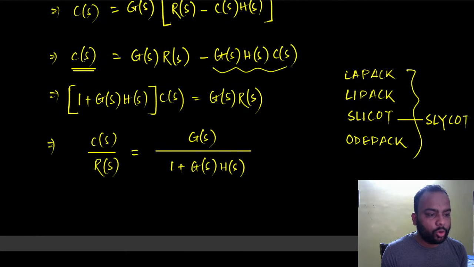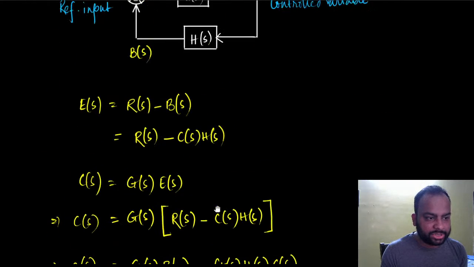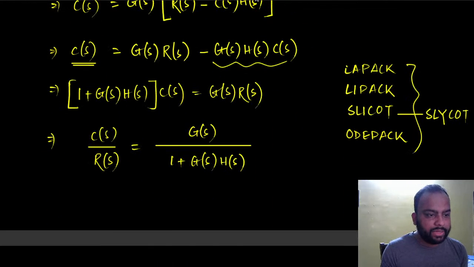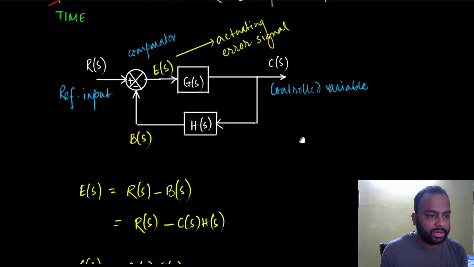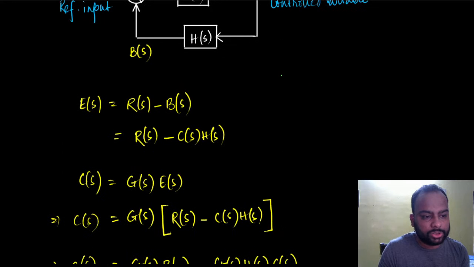So this is again the closed loop transfer function. We call that a closed loop transfer function. Now here there is a bit of terminology.